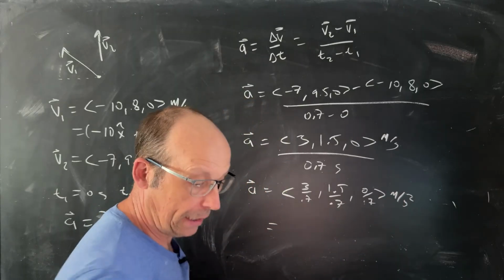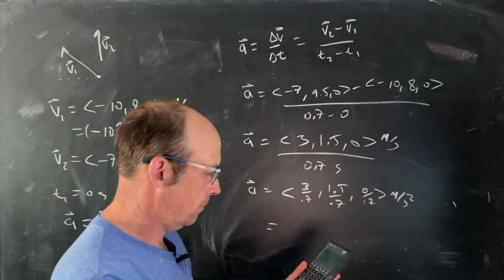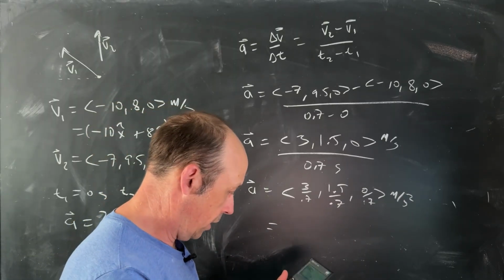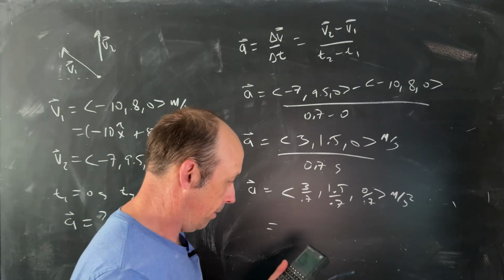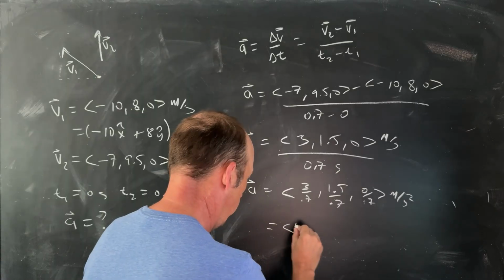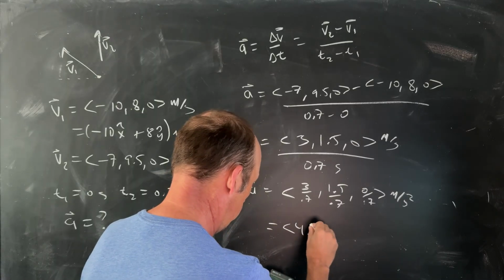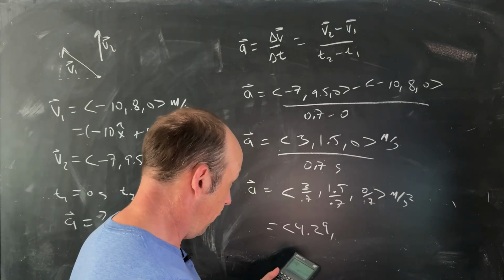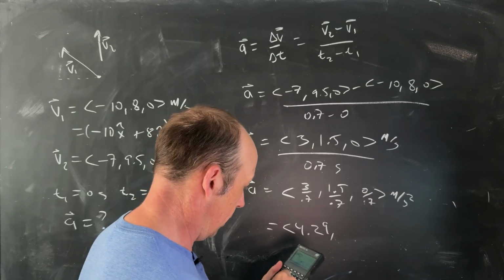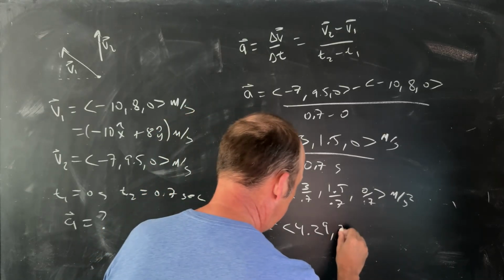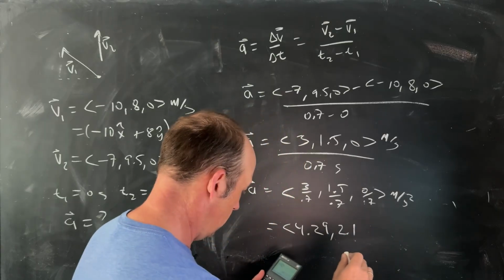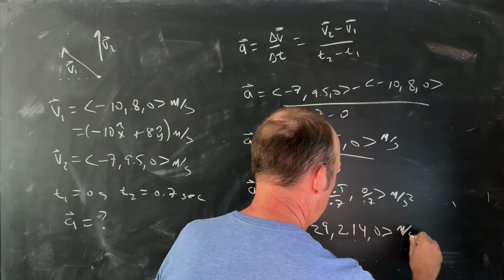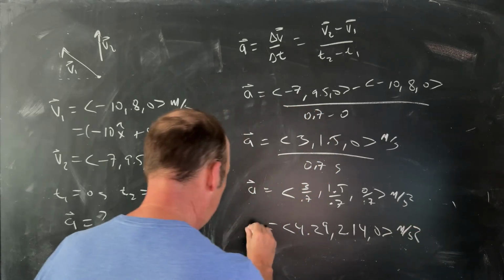Now I can put that in my calculator, and I get 3 divided by 0.7 is 4.29, 1.5 divided by 0.7 is 2.14, and then 0 meters per second squared. That is the answer.